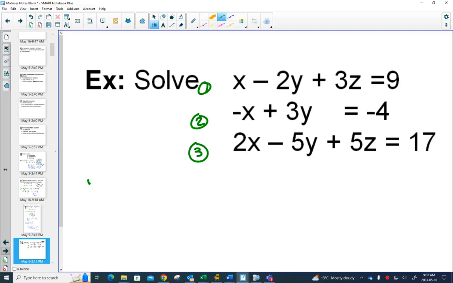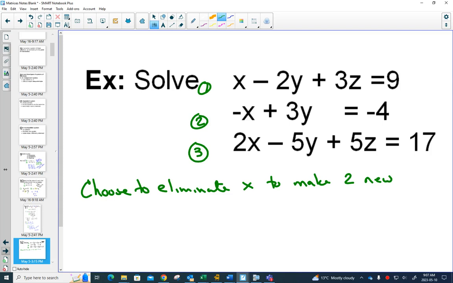Okay? First, I'm writing this out so that we have it. Sometimes the plan is to create two new equations, eliminating x, and then you have two new equations with just y and just z. Okay?